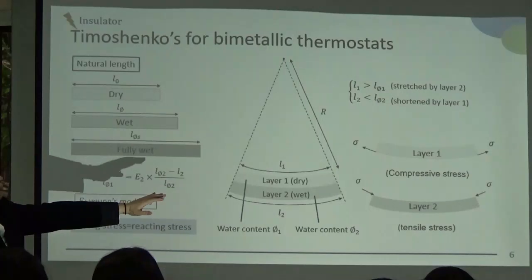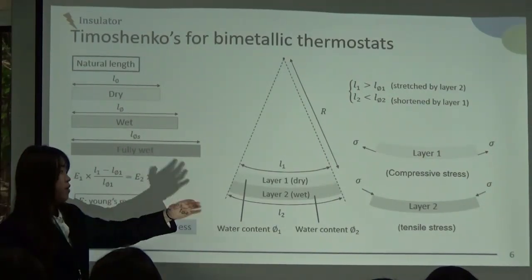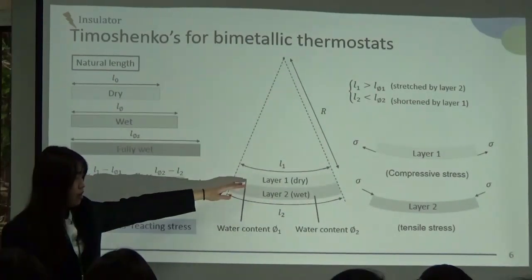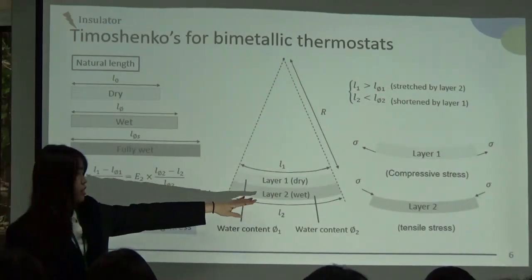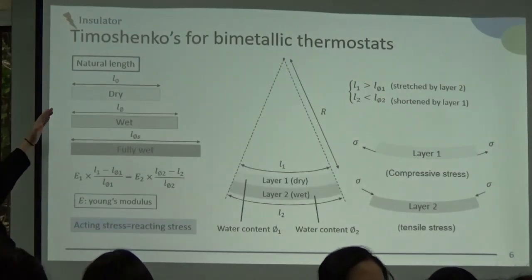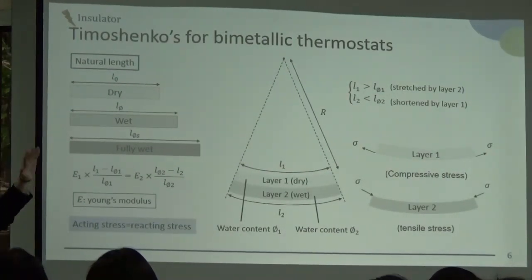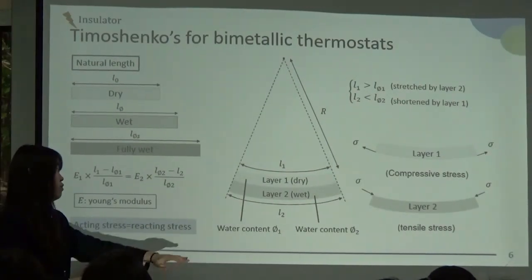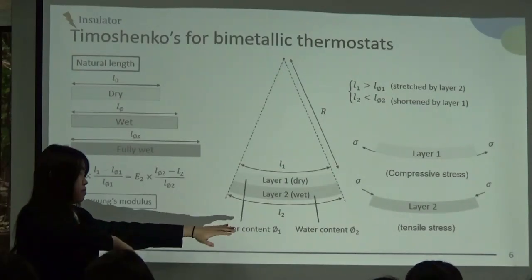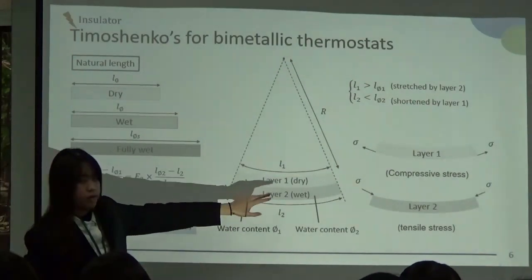So with the hypothesis above, we can assume that the higher layer is layer 1 and it's dry, and layer 2 is the lower layer. So we all know that the natural lengths of the dry and wet layers are different. So when the tracing paper absorbs water, layer 2 will become wet.